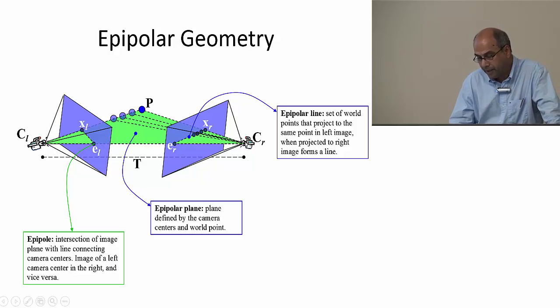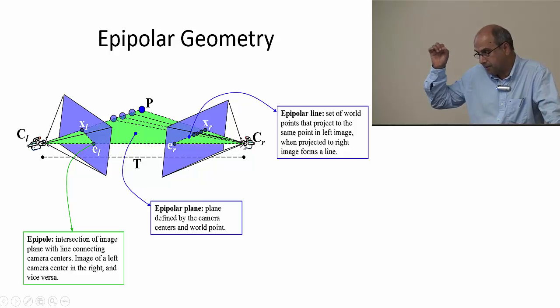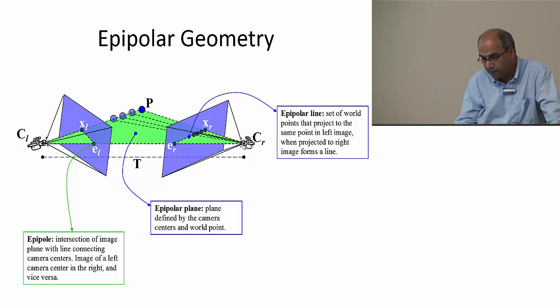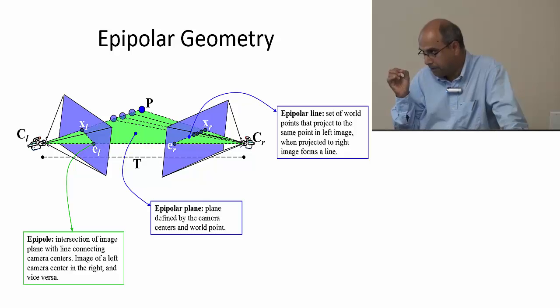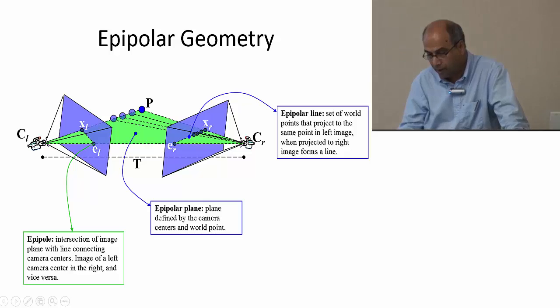No. I mean, see, the idea is that this is your right camera, yes? And this is my lens, and let's say it's a pinhole, just one point. So whenever I take a picture, as you know, I draw a straight line from the lens. That's the way light travels. So I draw a straight line from here, connect with this one, and wherever this intersects the image plane, that's its image.